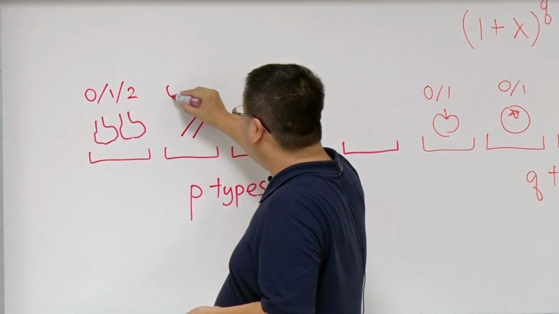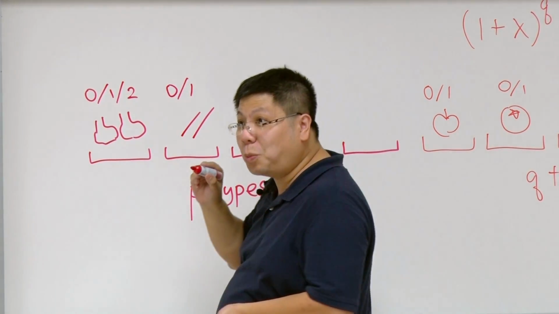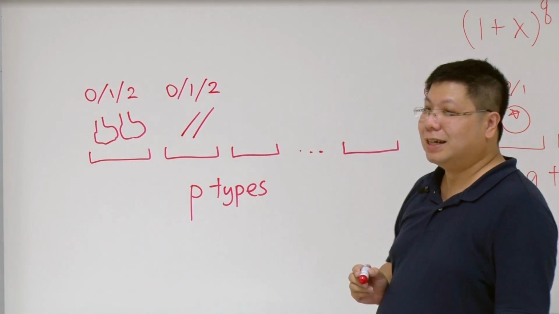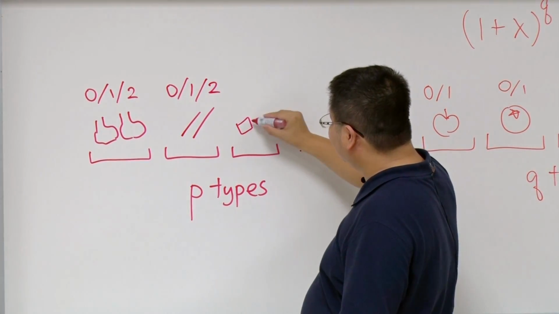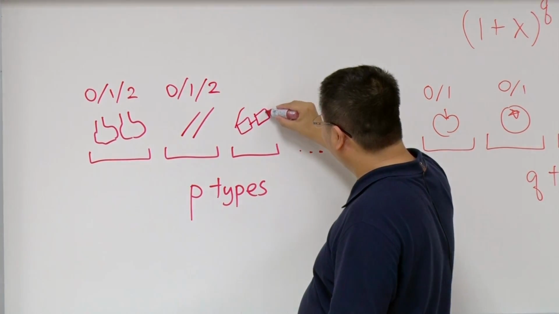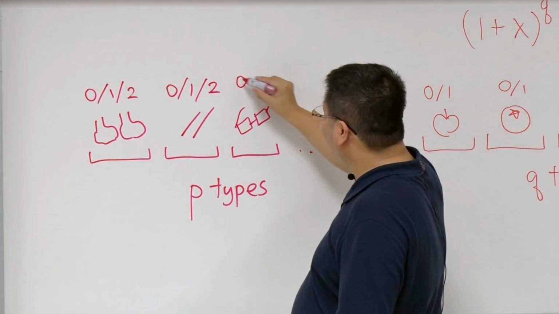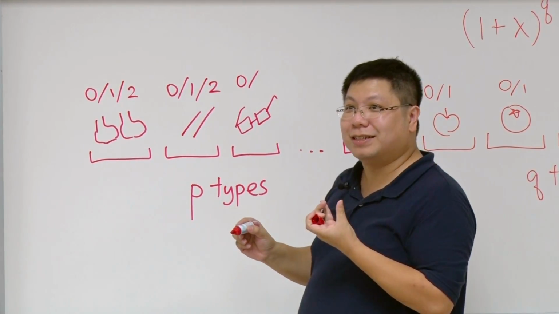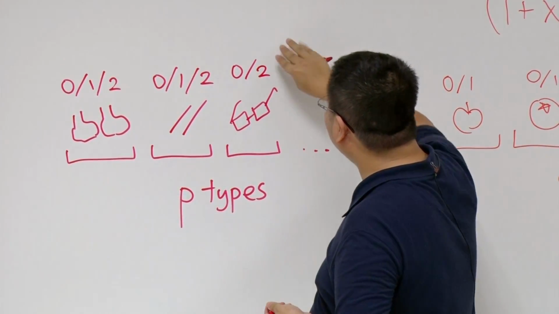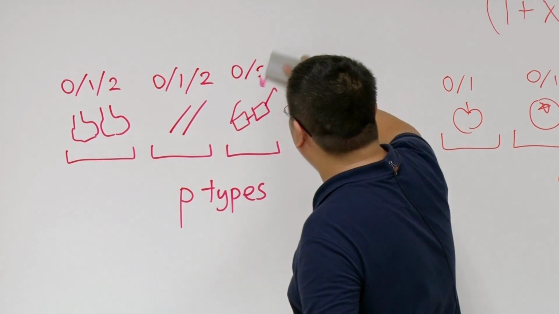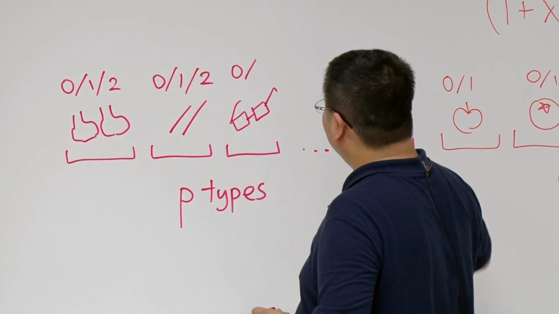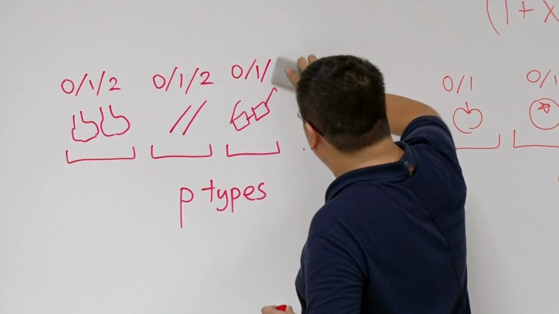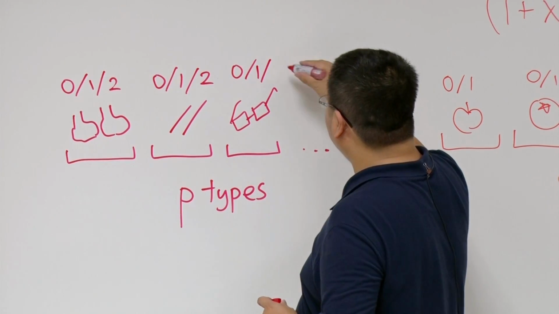For some reason, I'm not buying anything, or I may buy just one piece of chopstick, or I may buy a pair of chopsticks, okay? Or maybe this is glasses. Somehow I may buy 0, or I may just use half of it, or I may take a pair of glasses. Is that okay? Or 1 or 2. And then what else?